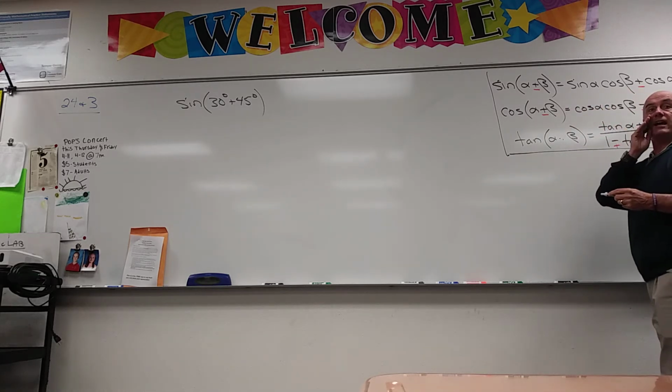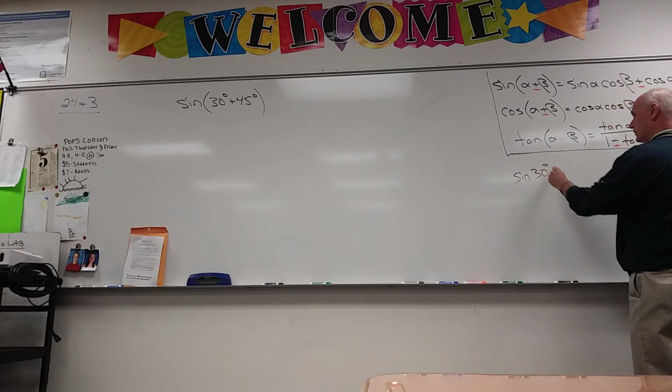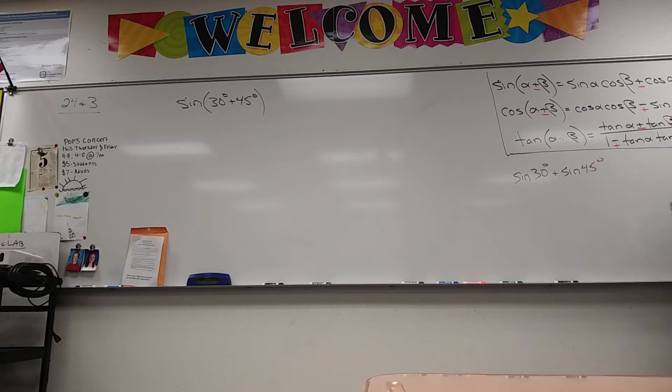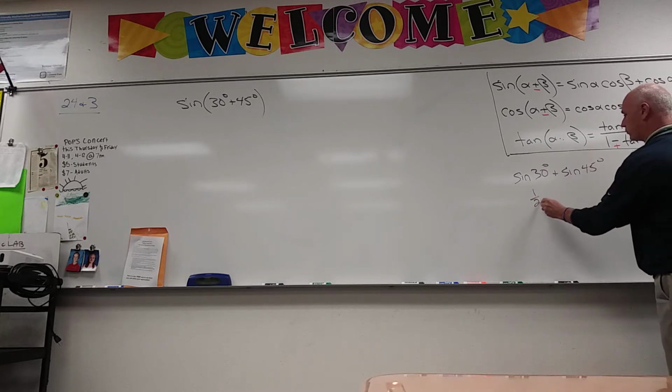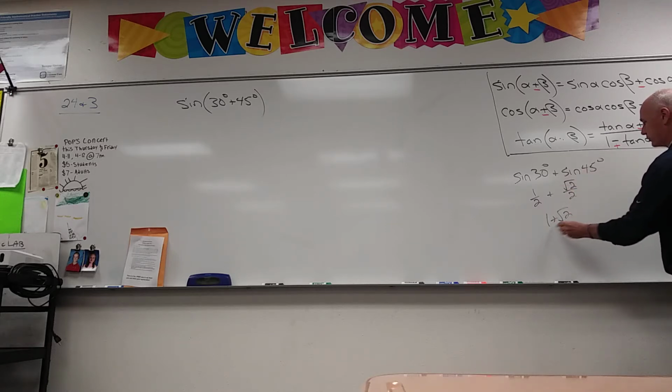Don't write this down. So the logical thought is the sine of 30 degrees plus the sine of 45 degrees, correct? All right, what's the sine of 30 degrees? 1/2. What's the sine of 45 degrees? Square root of 2 over 2. So if we add those together, we would get 1/2 plus square root of 2 over 2.